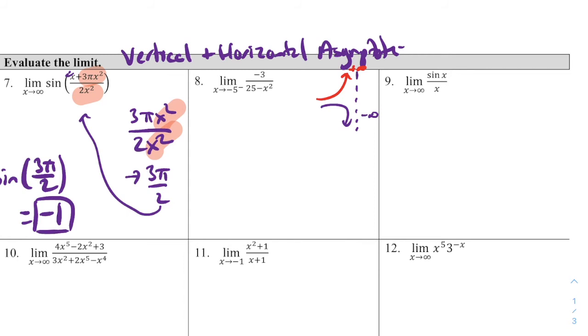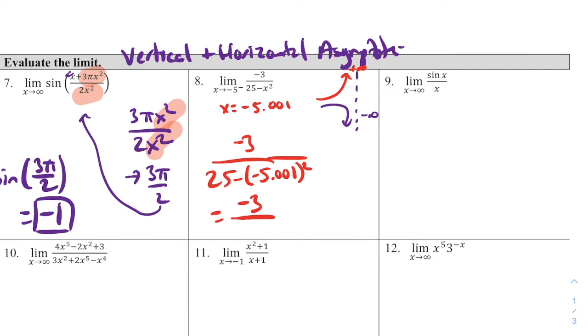This is negative 5 from the left side, so I'm going to pick a number that is slightly smaller than that. I'm going to try x equals negative 5.001, like that. And so if we do that, what do we have? We've got negative 3 over 25 minus negative 5.001 squared. And if we do that, that's going to be equal to negative 3 over, this is going to make this positive, so 25 minus something bigger than 25.